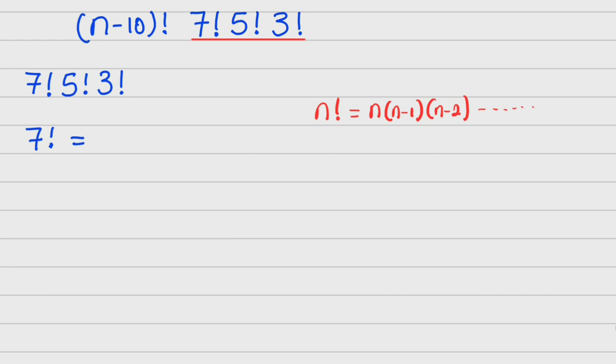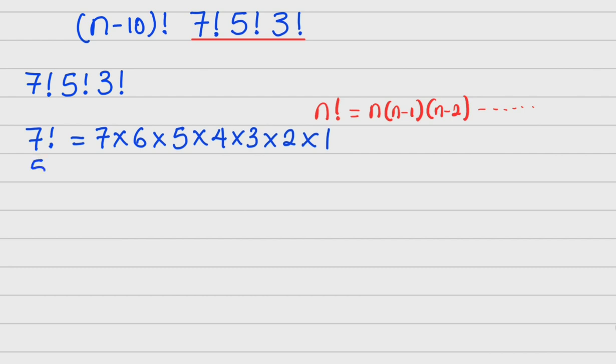But once you have a number, it terminates at 1, so 7 factorial will be 7 times 6, can you see it's reduced by 1 now, times 5 times 4 times 3 times 2 times 1. So I've succeeded in expressing 7 factorial.